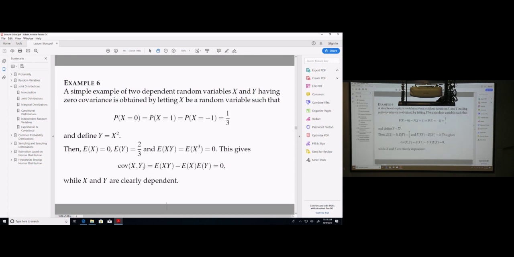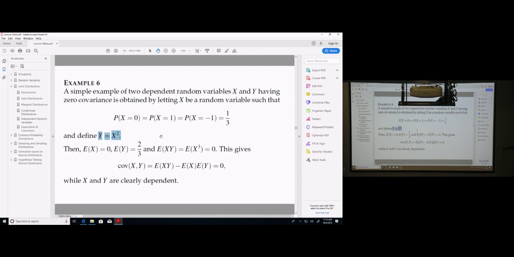Okay, an example. A simple example of two dependent random variables x and y having 0 covariance is obtained by letting x be a random variable, and then y is a function of x. Definitely, if you know x, then you know y, so x and y can't be independent. We will verify in a moment.